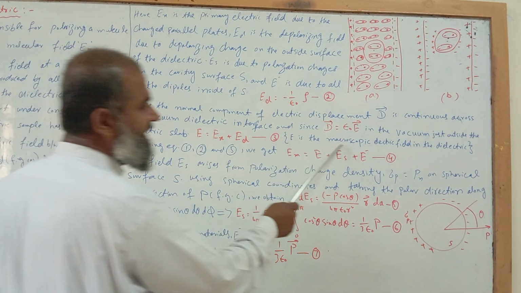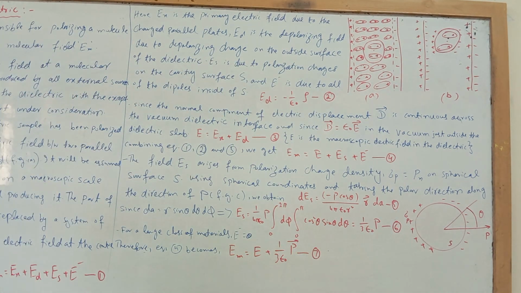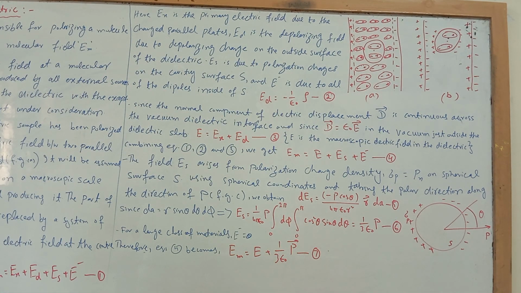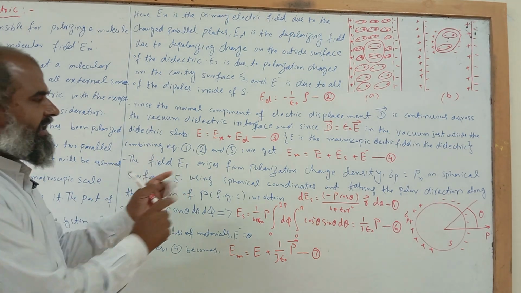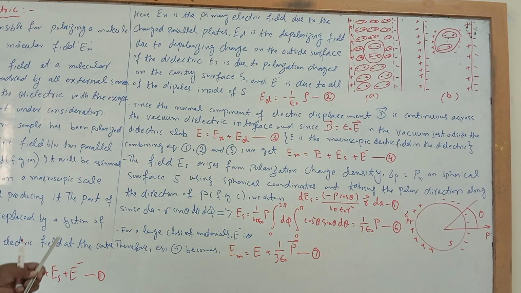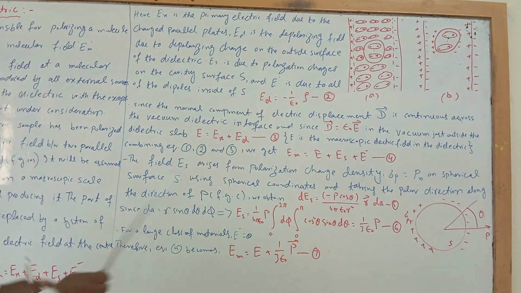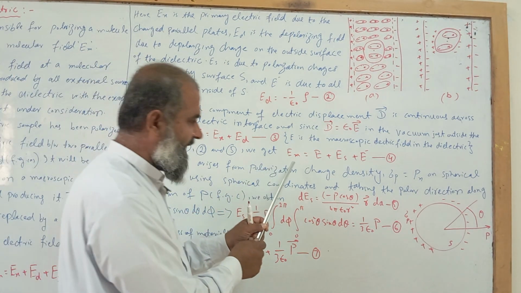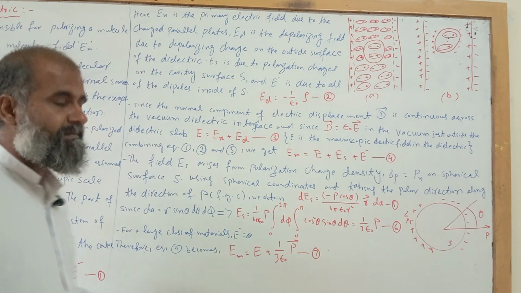E is the macroscopic electric field in the dielectric and is the sum of the two fields Ex and Ed. Now we can use equation number 3, 2 in equation number 1. We will get the total electric field, the molecular electric field Em, equal to E plus Es plus E prime.